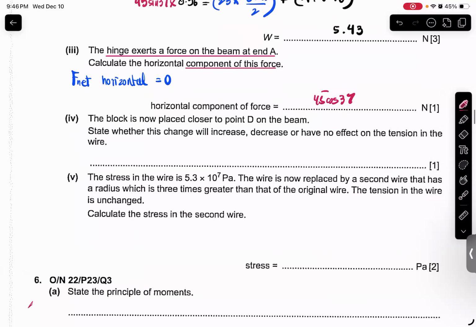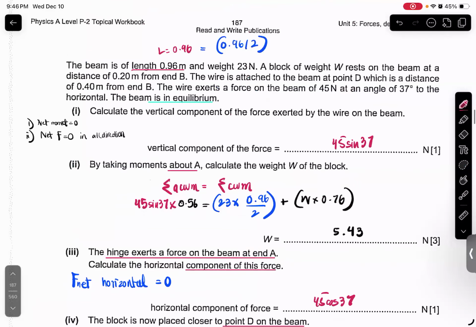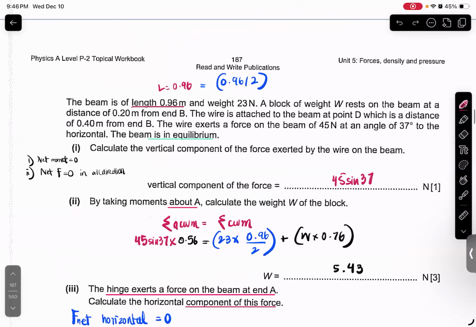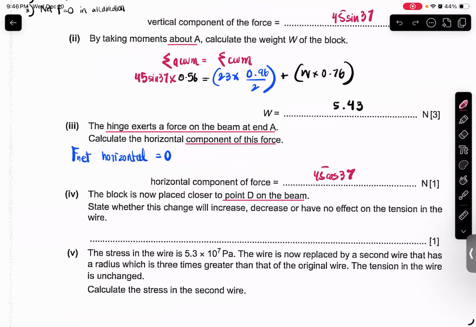The block is now placed closer to point D on the beam. Point D. What is point D? Okay, so the block is brought over here. State whether this change will increase, decrease, or have no effect on the tension in the wire.